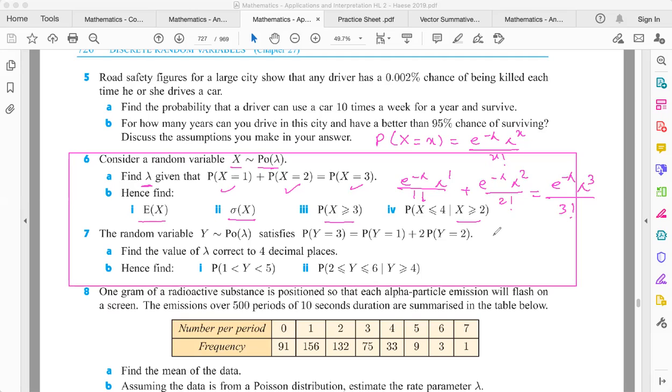Now, if you take e to the power negative lambda common, what you get is lambda over 1 plus lambda squared over 2 equals e to the power minus lambda, lambda cubed over 3 factorial. So e to the power negative lambda gets cancelled, and you get lambda plus lambda squared over 2 equals lambda cubed over 6. And you can put this on the calculator and solve for the value of lambda.